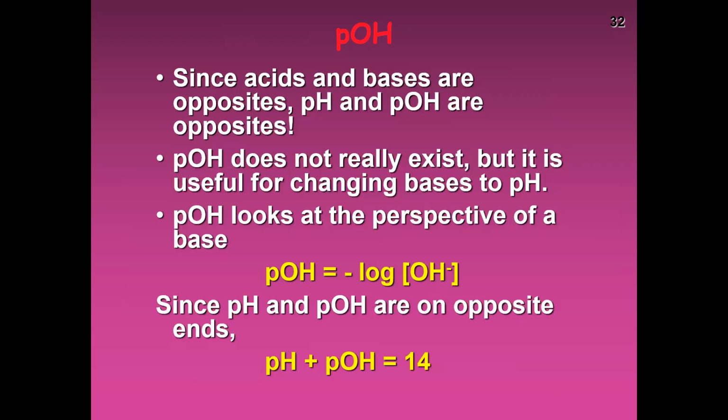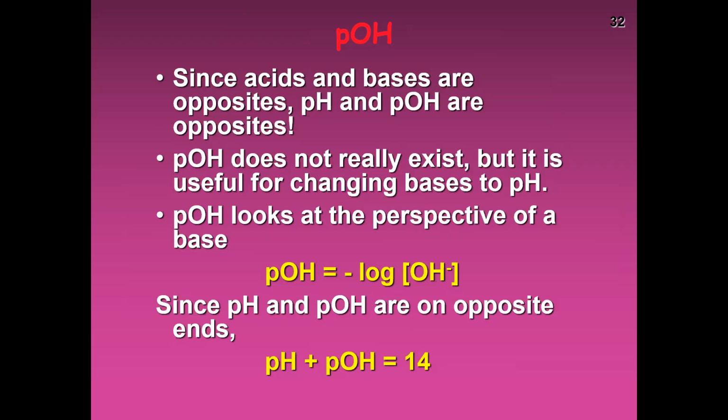All right, so acids and bases are opposites, then pH and pOH are also opposites. pOH doesn't really exist, but it is useful for doing the exchange between a base and an acid and having the pH instead of pOH. So pOH looks at the hydroxide ion concentration.